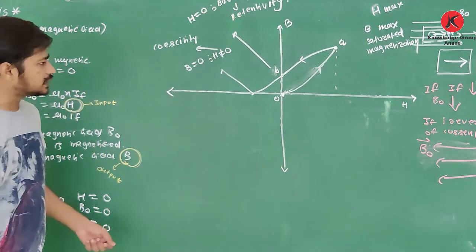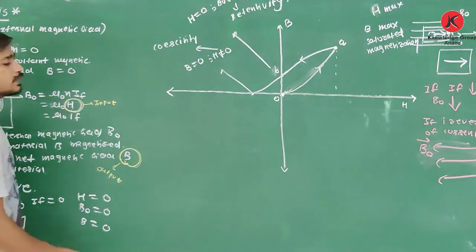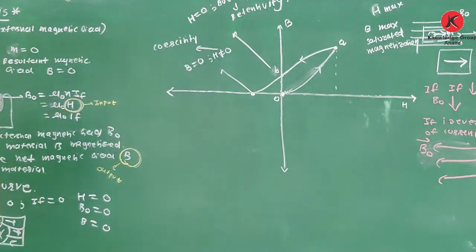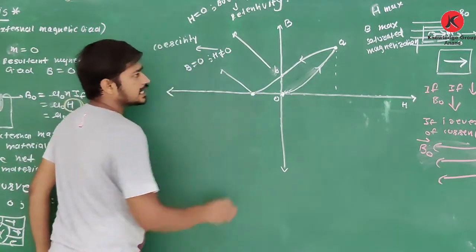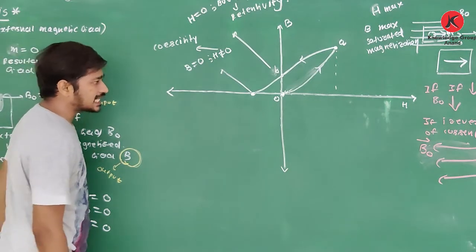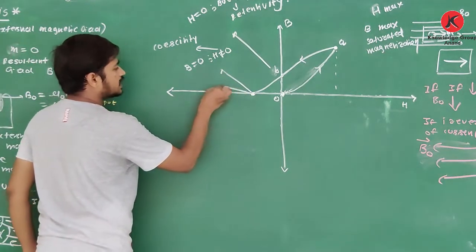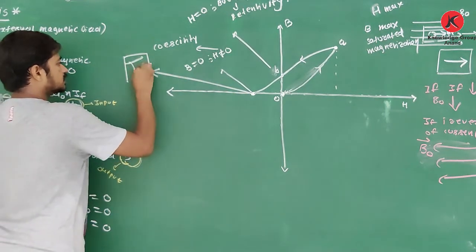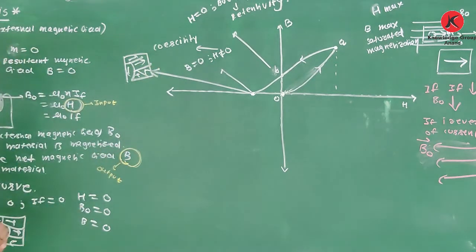Initially, at point O, the resultant magnetic field is 0. But see, these two are not the same points. It means here the ferromagnetic material is again demagnetized, but with some other domain region.